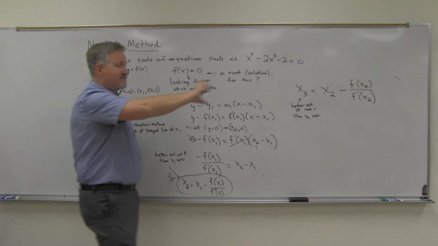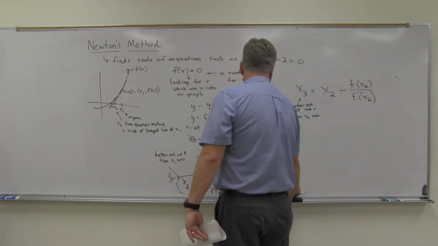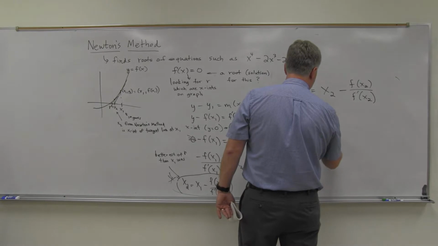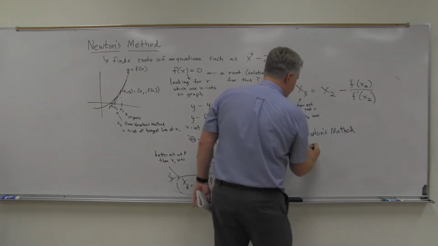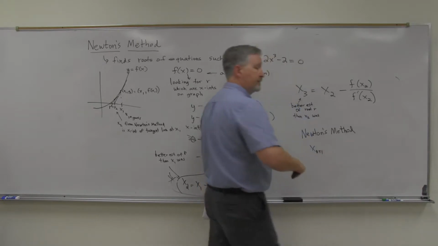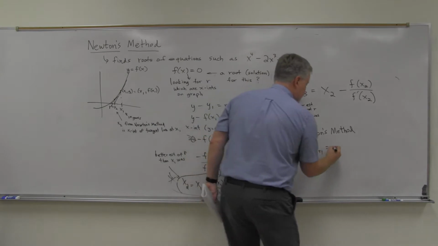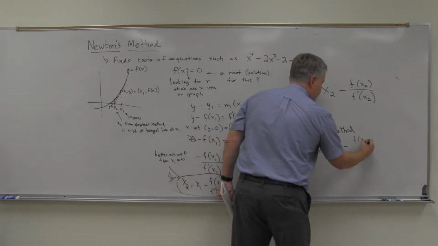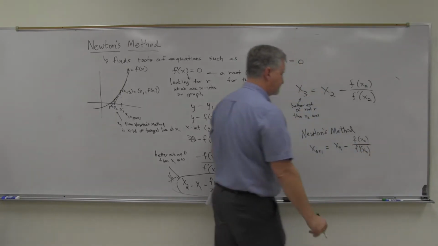This is called Newton's method. Newton's method, here's the formula. The x of n plus 1, the better estimate, is you just take the x of n minus the f of x of n divided by the f prime of the x of n.